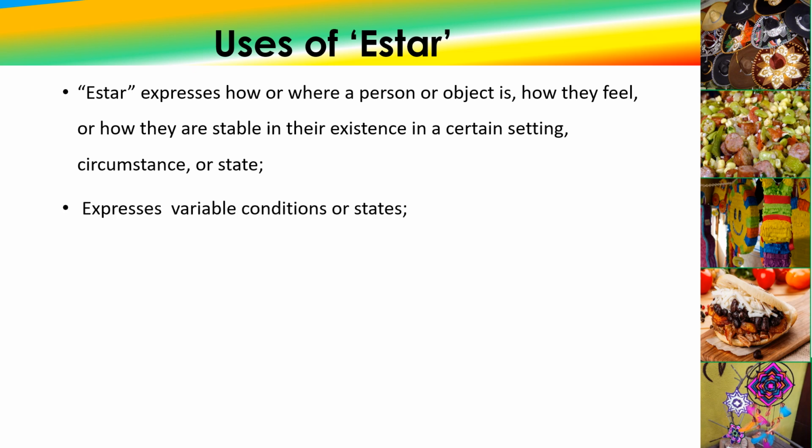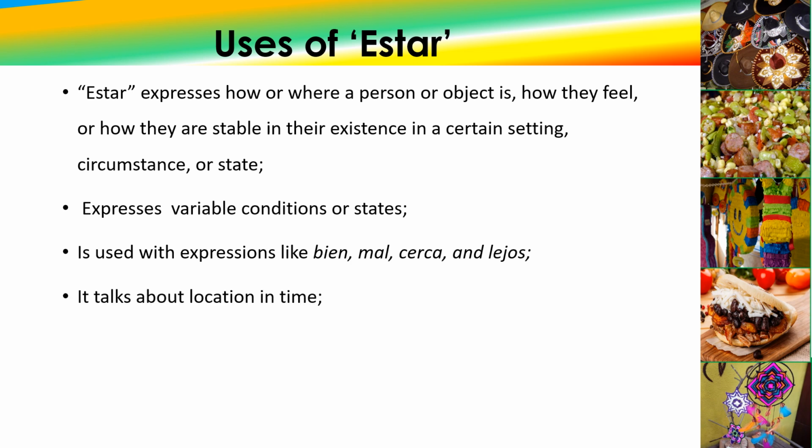It also expresses variable conditions or states. It is used with expressions like bien, mal, cerca, and lejos. Okay? It talks about location in time. It is used with the gerund to form the progressive tenses.